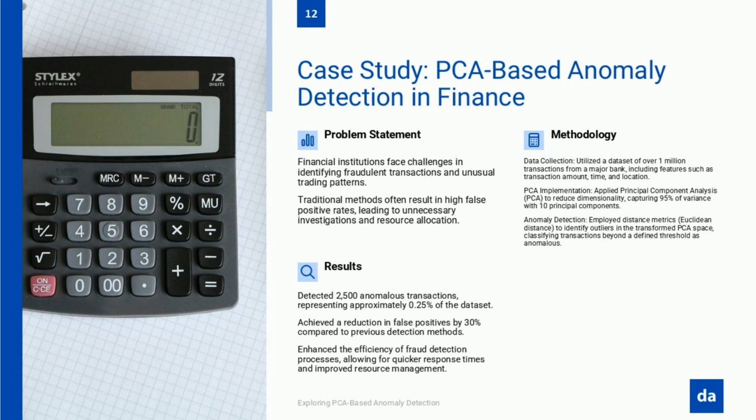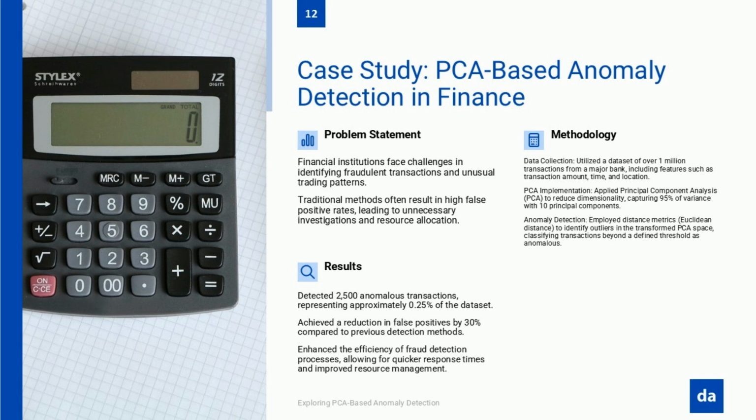To address this, PCA was applied to reduce the dataset's dimensionality while preserving key variance. After standardizing the data, PCA extracted the most relevant principal components, capturing over 95% of normal transaction patterns. The next step was to compute anomaly scores based on reconstruction errors and distance metrics.